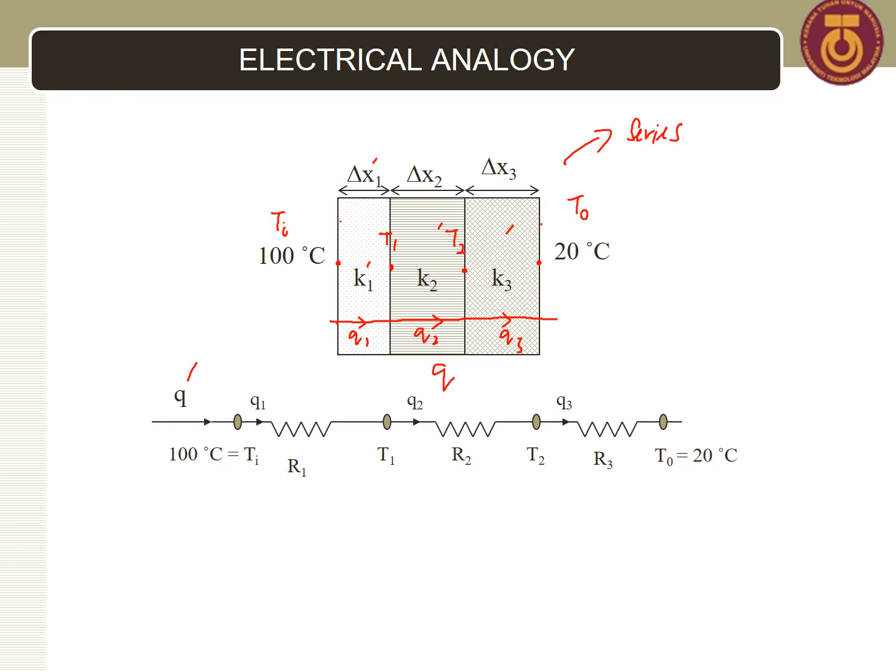We can see that the first part of the circuit, from Ti to T1, represents the first layer, while the second part of the circuit, from T1 to T2, represents the second layer, while the third part of the circuit, from T2 to T naught, represents the third layer.